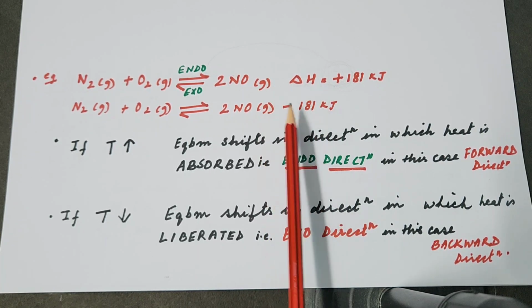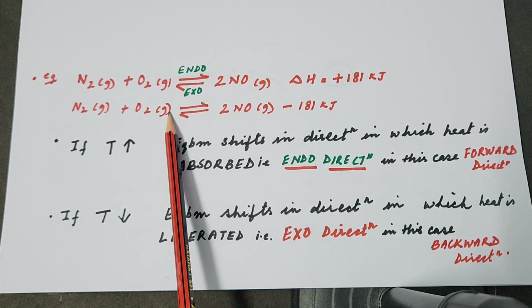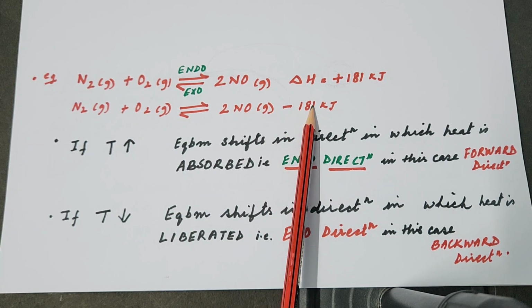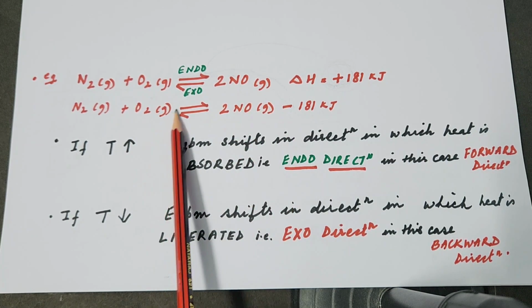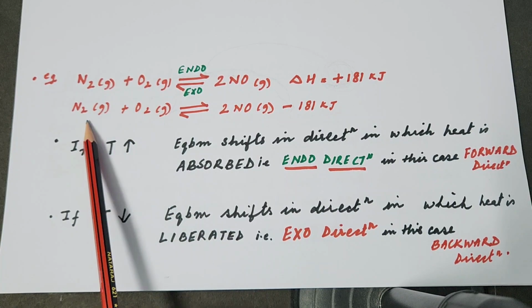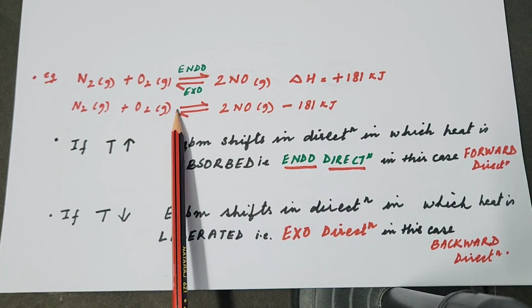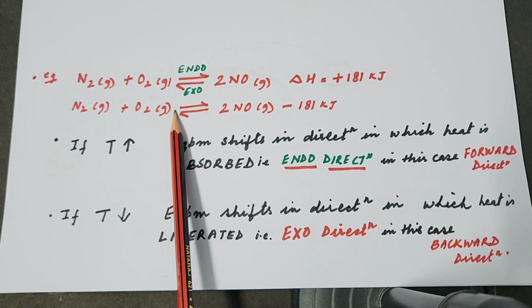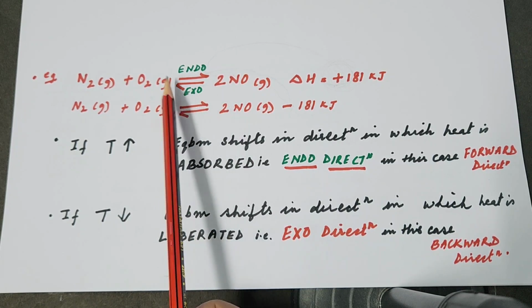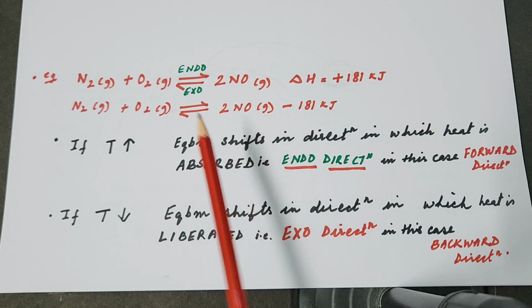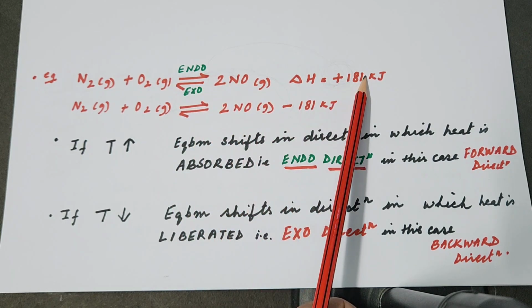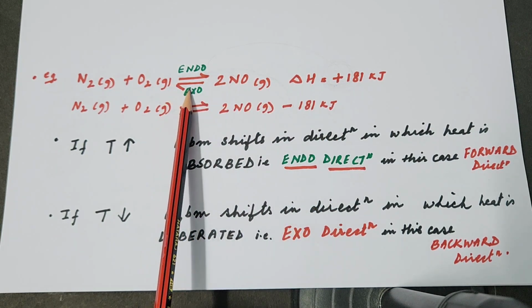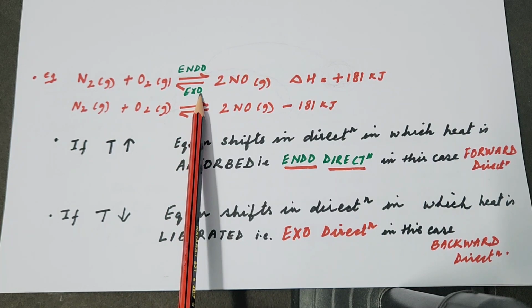Minus means from surroundings it was minus, and if you transpose this minus 181 to this side, it will become plus. That means N2 plus O2 plus this much heat. That means plus heat means the reactant absorbed this much heat and then gave the product, which indicates that the reaction is endothermic in the forward direction, and therefore in the reverse direction it will be exothermic.